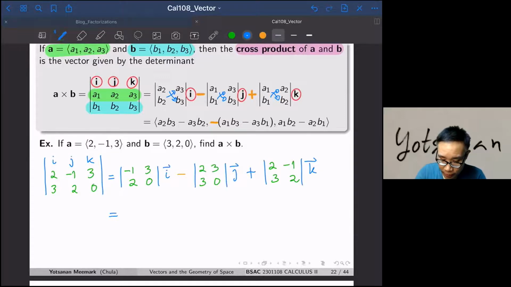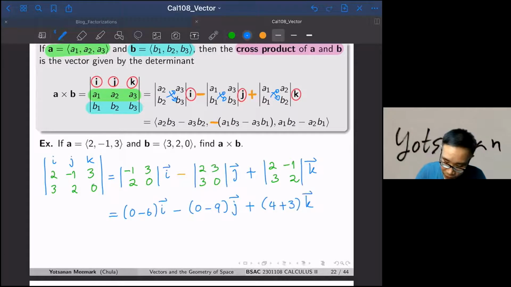So it's gonna be one come down. Okay, so it's gonna be 0 minus 6 I minus 0 minus 9 J plus 4 plus 3 K. Okay, so it's gonna be -6 I minus, so it's going to be plus 9J plus 7K.